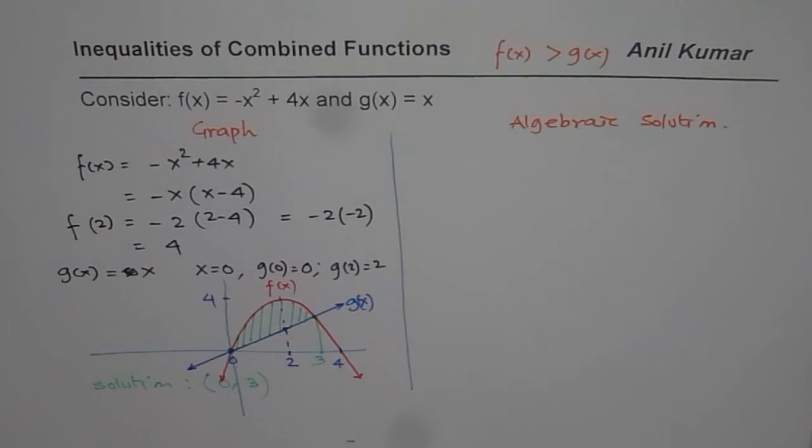So from the graph we can actually get a fairly good value. At times it is accurate, as it is in this particular case, and at times it may not be. But from the graph, what we really do is compare the y values.